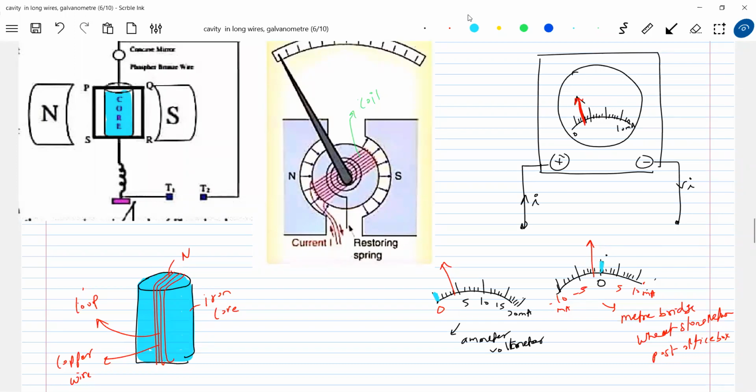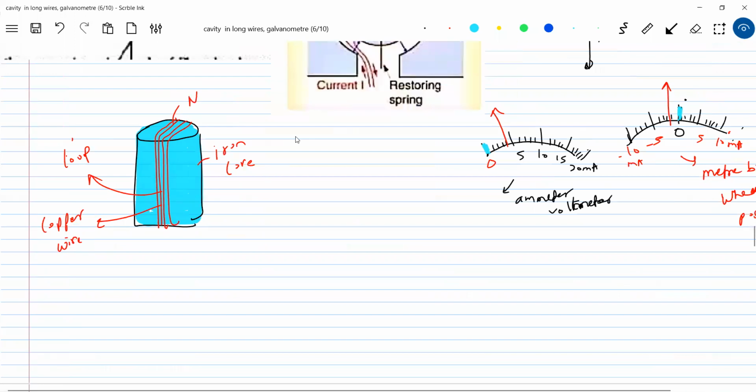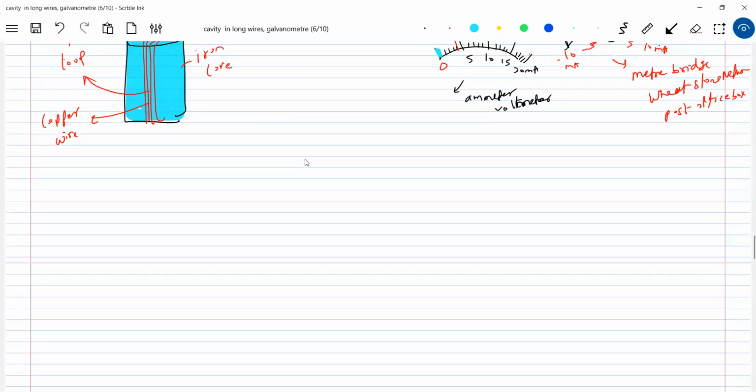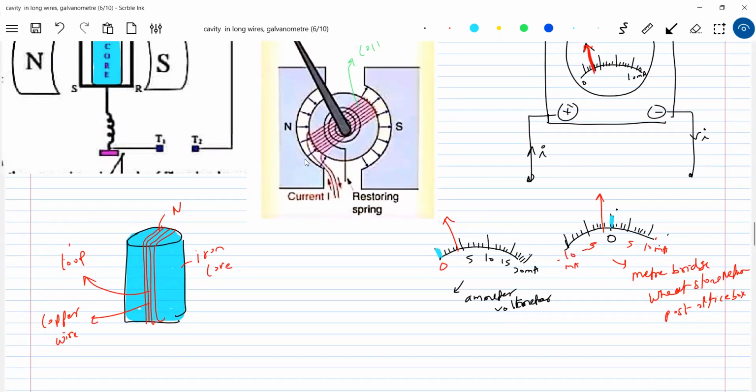Okay, fine. Now I'm going to keep this in a magnetic field. And now come to the torque due to dipole moment idea.